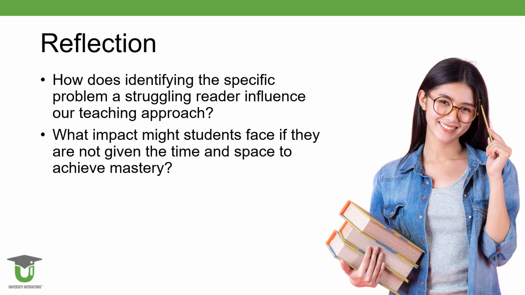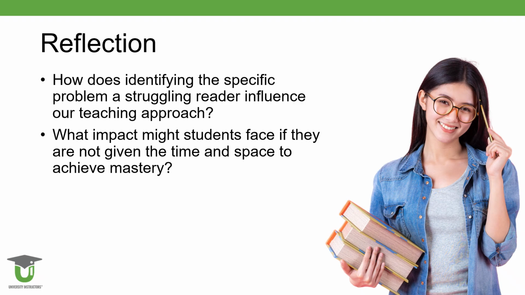After watching the video, let's discuss the questions. How does identifying the specific problem that a struggling reader has influence our teaching approach? By knowing what the foundational issue is, we can start addressing that skill first. Only then will we be able to build fluency.